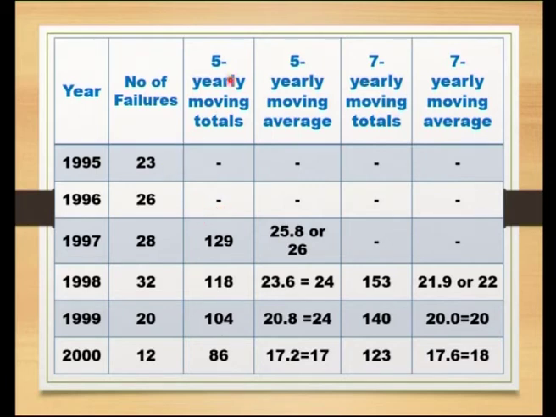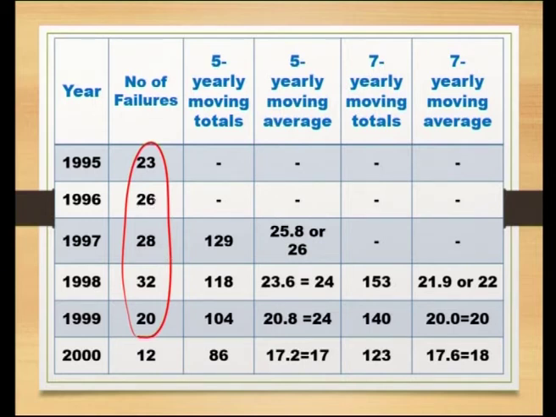Now, the first 5-yearly moving total is the total of the first 5 values, that is 23 plus 26 plus 28 plus 32 plus 20. The total of these first 5 values is 129, and it is written in the middle of the first 5 values.